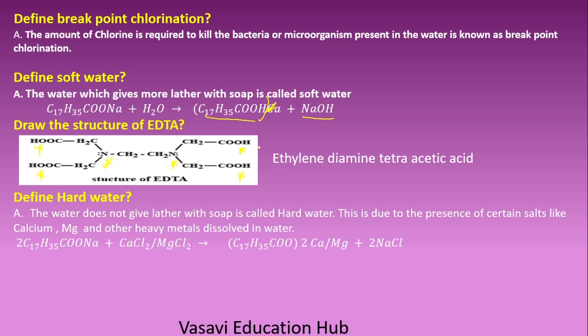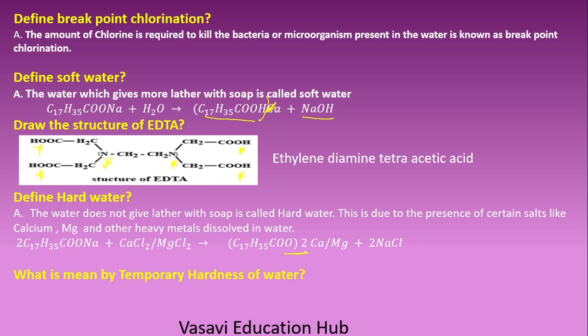For example, if soap is treated with hard water containing dissolved salts of calcium and magnesium, it forms a precipitate of calcium stearate and magnesium stearate, which are insoluble compounds. That is called hard water, right?